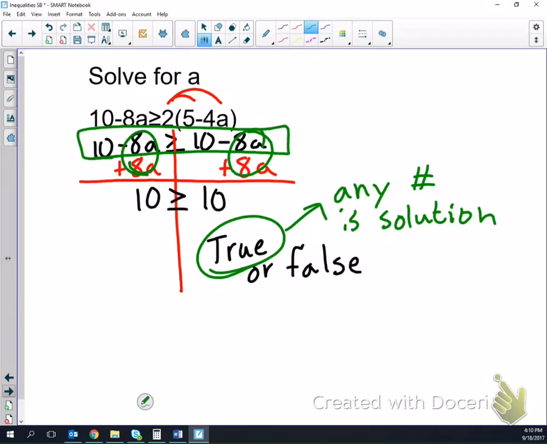It doesn't matter what number I put in for a, that's always going to be the same. If we put in a 0 for a, both sides will be the same. If I put in a 1 for a, both sides are going to be a 2, but they'll still be the same. Any number you put in there, they'll still be equal. And because we've got that or equal to option here, this is always going to be true, and every number is a solution. So when you're solving, your variable eliminates, and you get a true statement, any number is a solution.